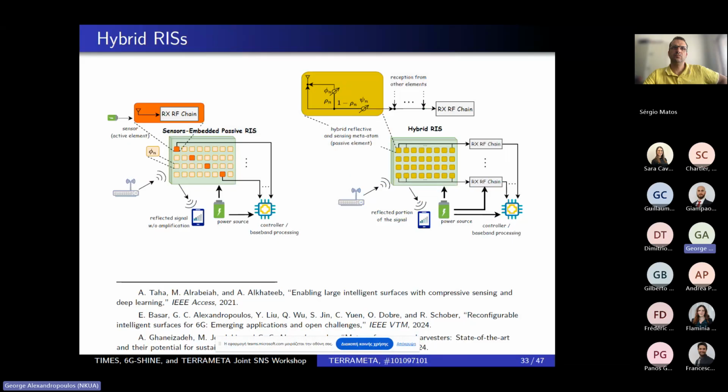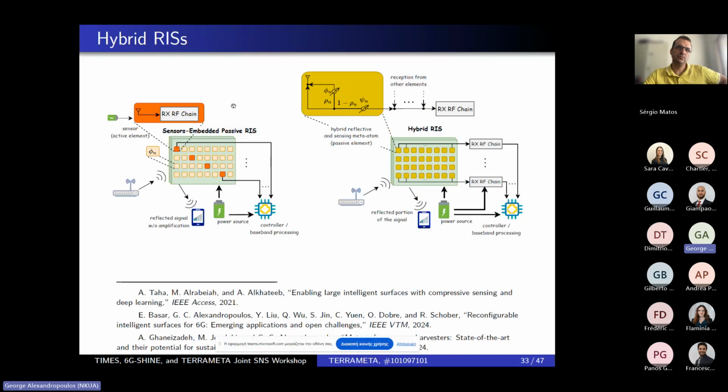But let me also emphasize another activity within TERRAMETA. This is the so-called hybrid RISs. There are certain ways of thinking of them, but at the end of the day, they want to provide simultaneous reflections but also enable a certain form of estimation of the signals that are impinging on them. There are different hardware architectures.